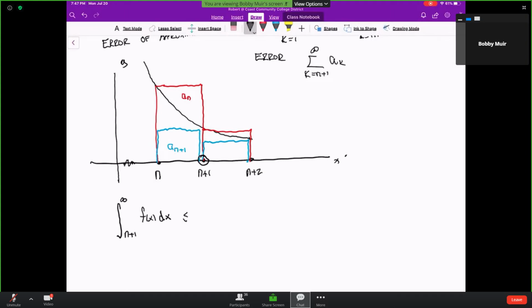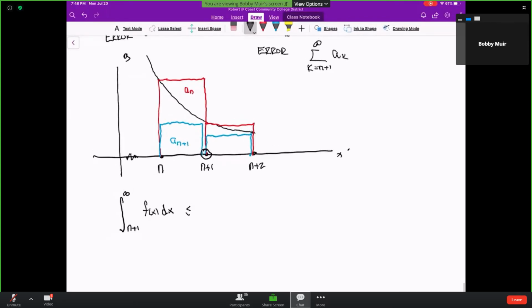This is where he has a little bit of a hitch in his notation, so I'm going to try to fix this real quick. Let's start this over.